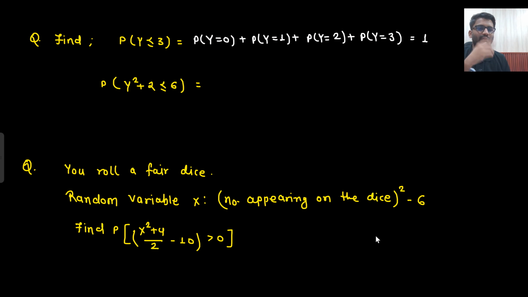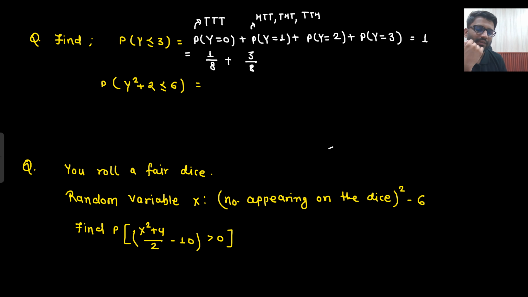Probability of getting y equals to 0, that means probability of getting number of heads equals to 0. Which desirable case? Only desirable case will be tail. That means out of 8 cases, only 1 desirable case. Probability of getting 1 head, which desirable cases would be there? Head tail tail, tail head tail, tail tail head. So 3 out of 8 cases.